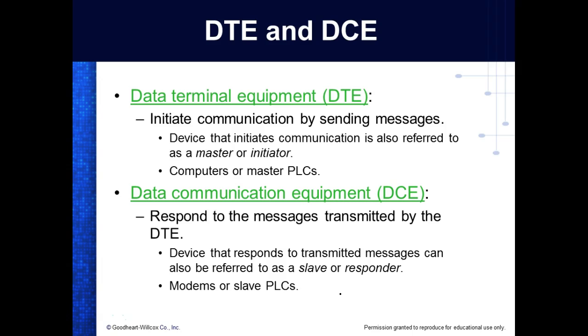But if I run it through something to get here, so if I'm going from Ethernet over to DH485, then we would have to go through some type of DCE, something that converts it from RS-232. Computers are the DTEs. They're the terminals. They're the terminators, where it ends, right? Does that make sense?